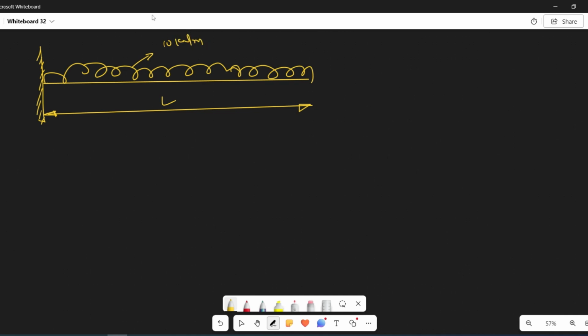So instead of starting like this, take this one with a general value, say W. Obviously, we have W L to the power 4 by 8I, which is what we are going to get.